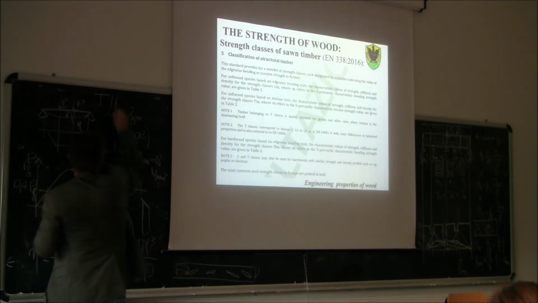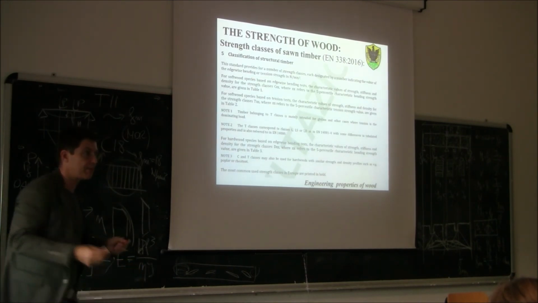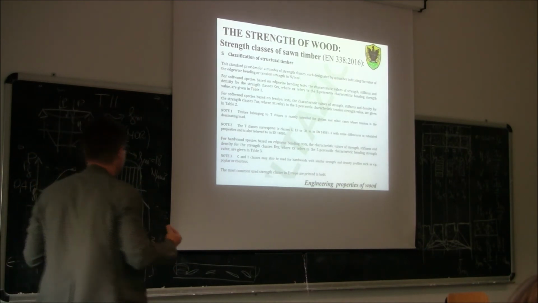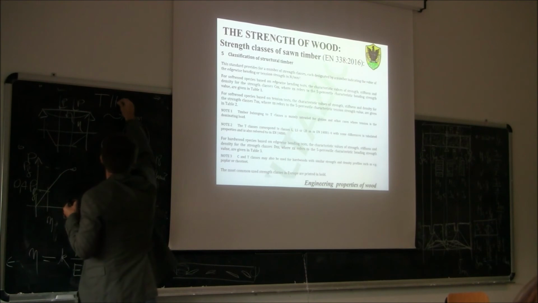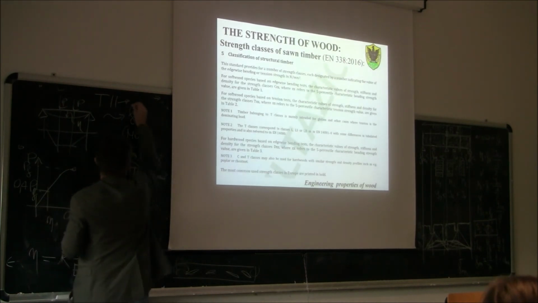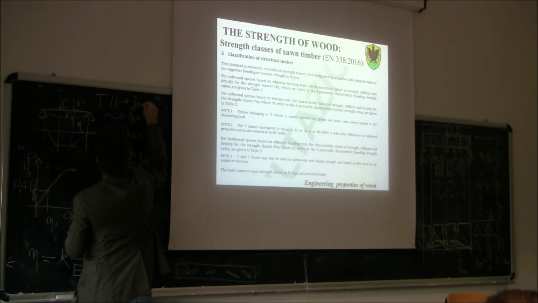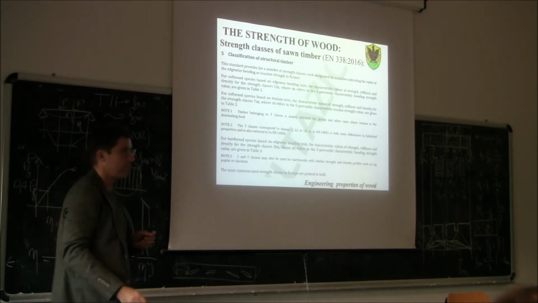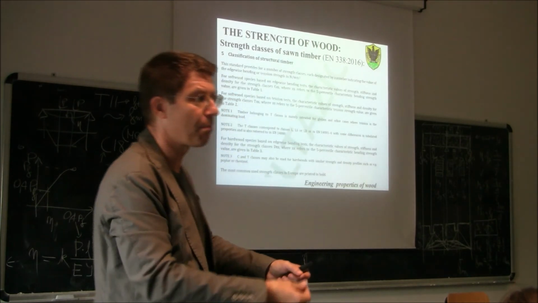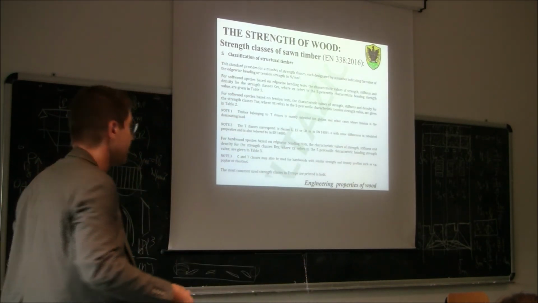For example, T11 means that this piece of wood has been classified in tension and it has a characteristic tensile strength, Ft0. F is strength, T is tension, and 0 is parallel to the grain.